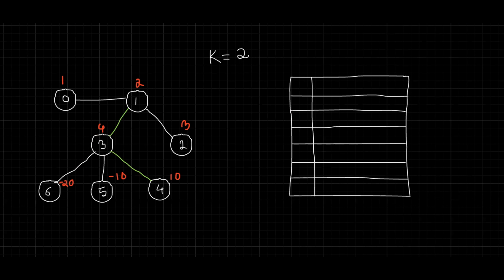Now here, to understand the algorithm, we have taken this example. Here, this is the graph. Suppose for the node 3, this is the center of the star graph, and the value of the node 3 is 4. So here we can take at most two of the edges to calculate the summation.